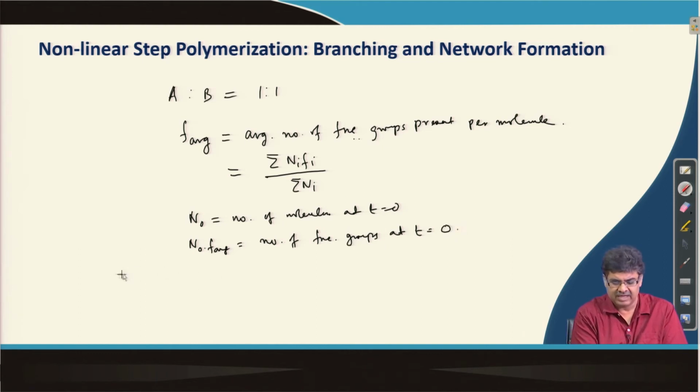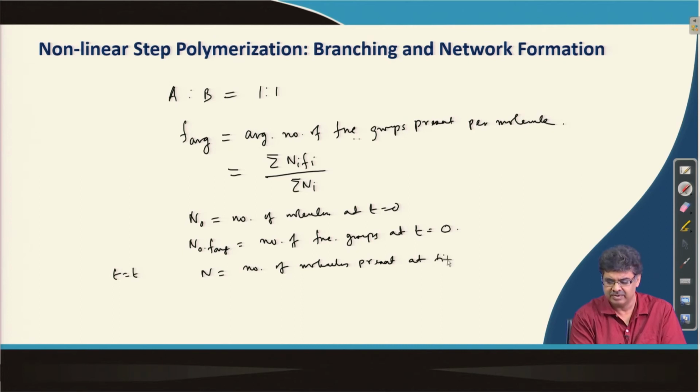Now, at some time t, if N is the number of molecules present at time t, then we know that x_n is given by N_0 by N.